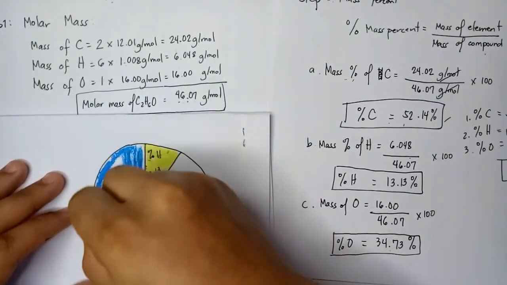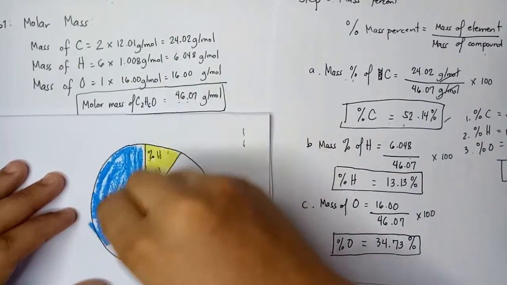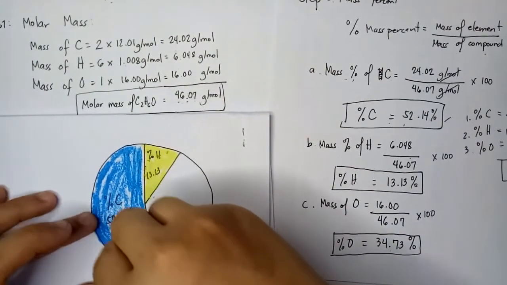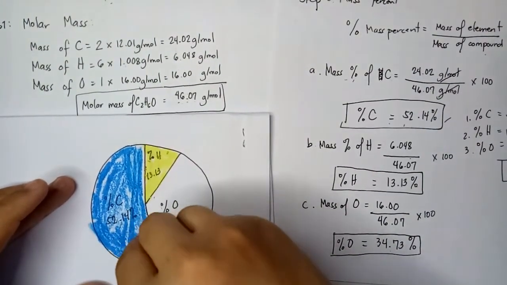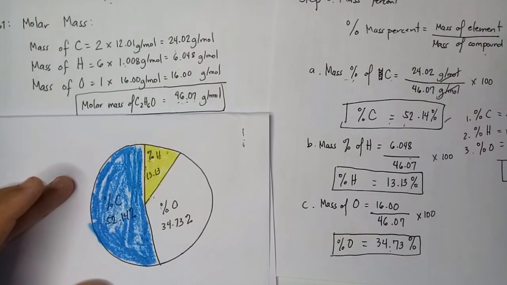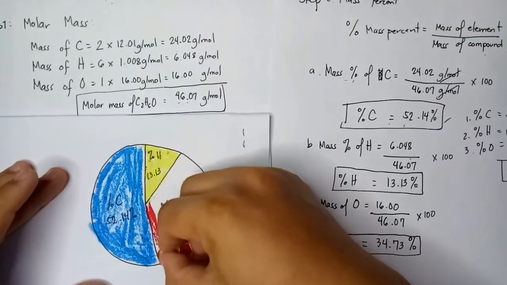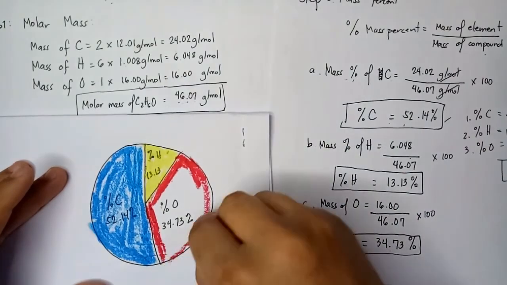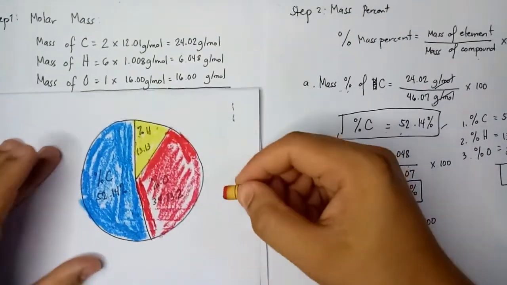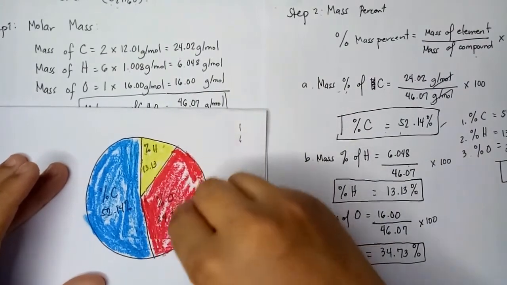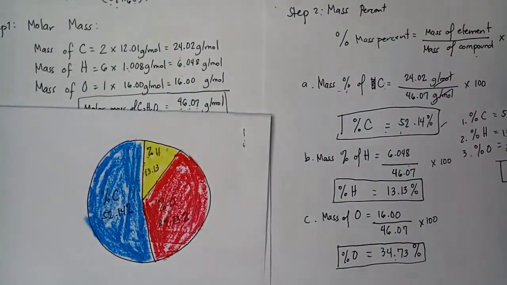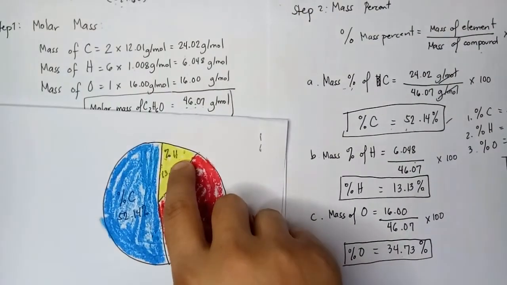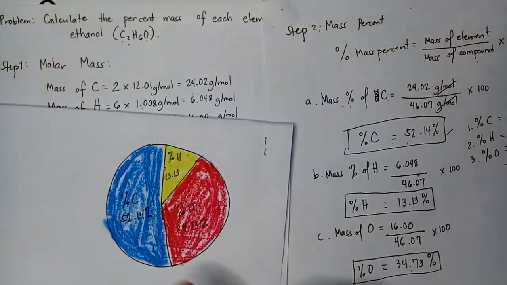Mas maganda, kukulayan natin para makita talaga natin yung itsura niya. Next, color natin ng red kay oxygen. Ganda. Kung napansin nyo, mas kitang-kita natin na mas madaming percentage ang carbon kaysa kay oxygen kaysa kay hydrogen sa ating ethyl alcohol.